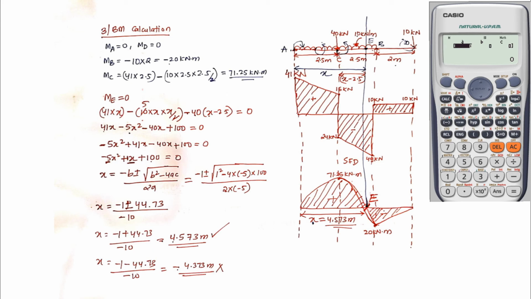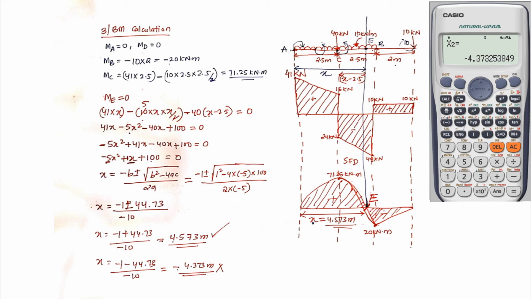Now the value of a is equal to minus 5. What's the value of b? Value of b is 1 only. The value of c is equal to 100. So this will give you the first value, 4.573, which we have taken here, and the next value which comes is minus 4.373.